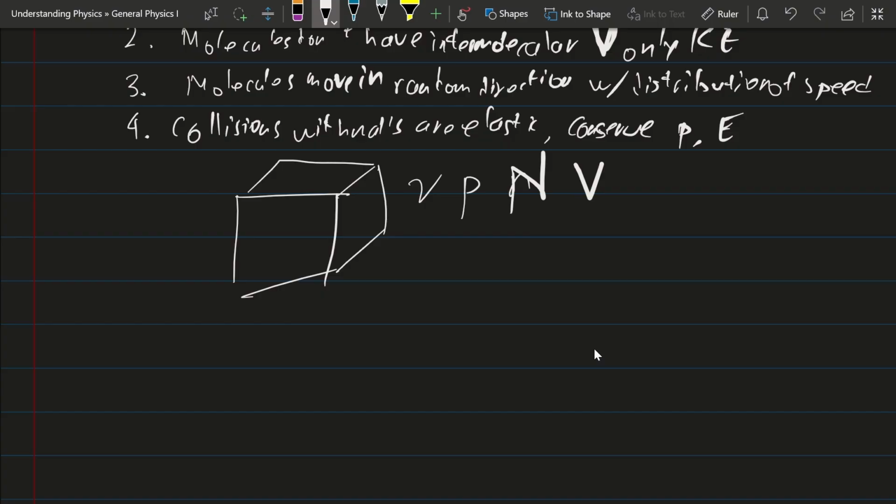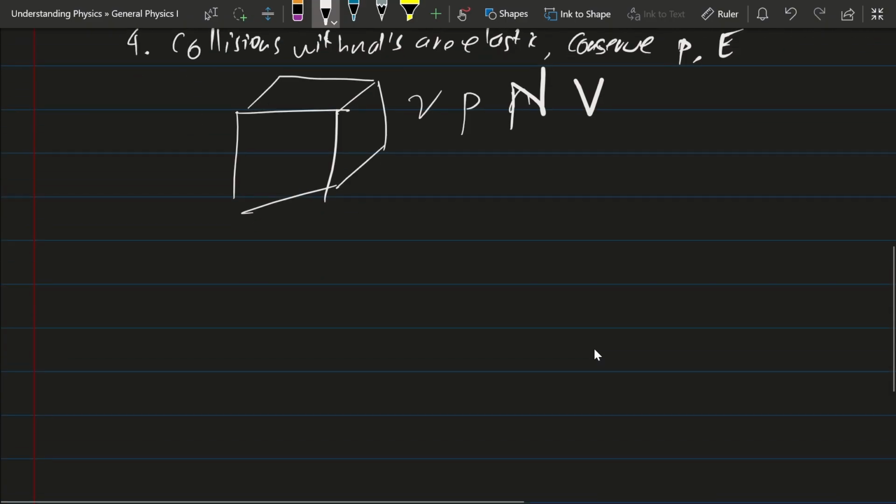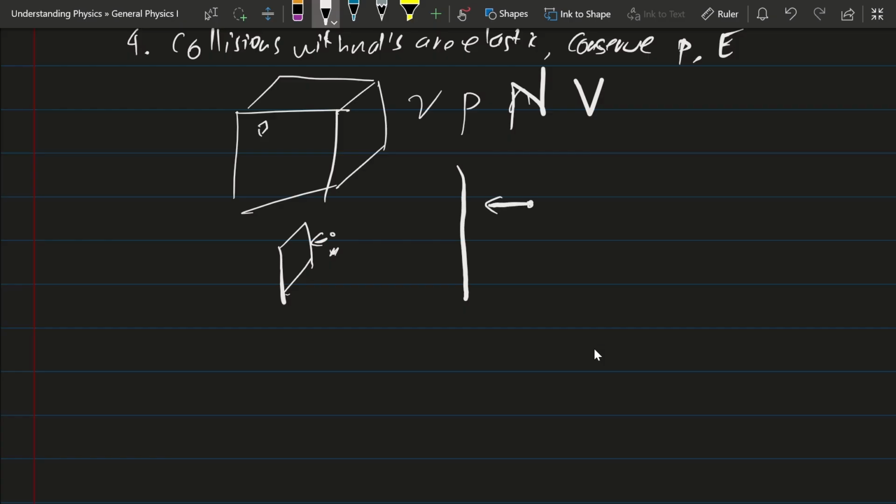So now let's actually think deeply about this. Let's just think of a very small space right over there. So it's basically like a wall there, and there are molecules bumping towards this wall. So you would have the wall, you would have a particle going here with a certain mass m as well as its velocity v.